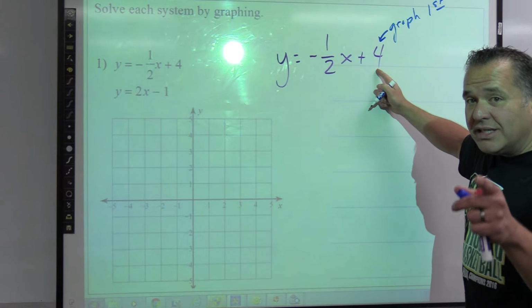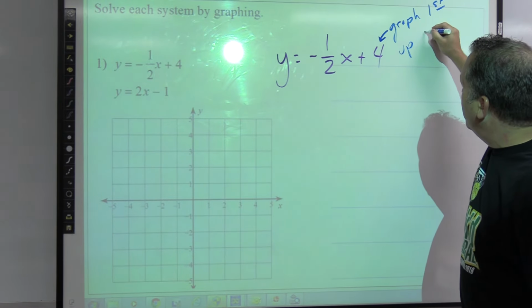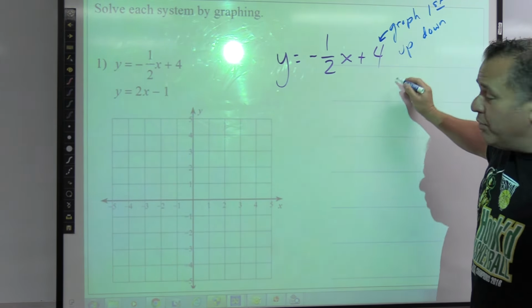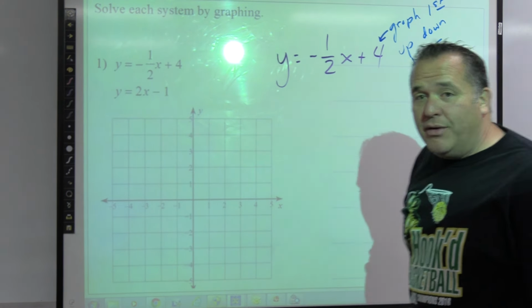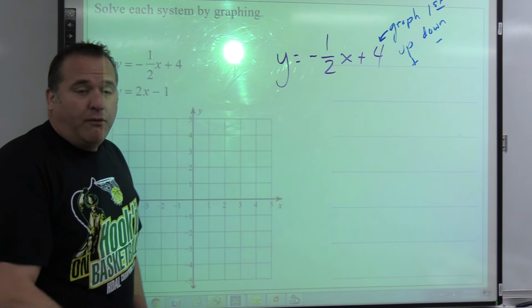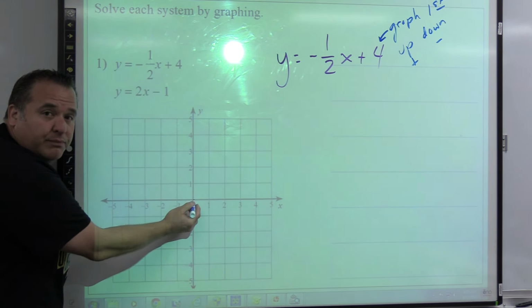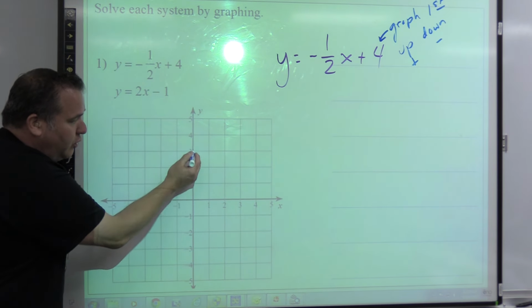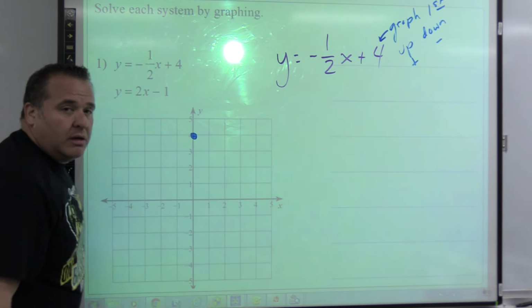This number tells us how many times to go up or down: up if it's positive, down if it's negative. Because it's a positive 4, we're going to go up 4. We start at the origin and go up 4: 1, 2, 3, 4. Right here, we put a point.